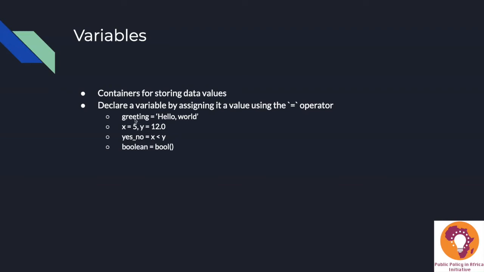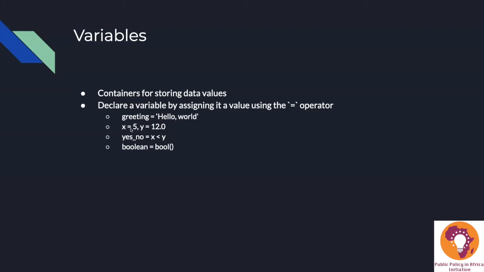Say we want to store the greeting hello world in a variable called greeting. We would create the variable greeting, no quotes again, and then we store our string value in quotes, and then we have that stored in our greeting variable. And then we can have x equals 5, y equals 12.0.